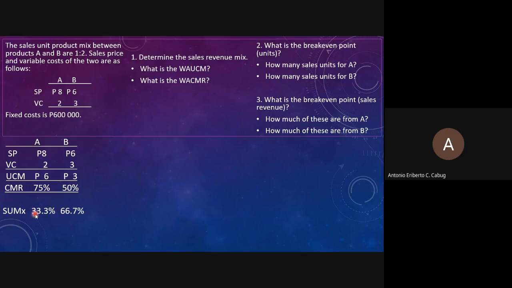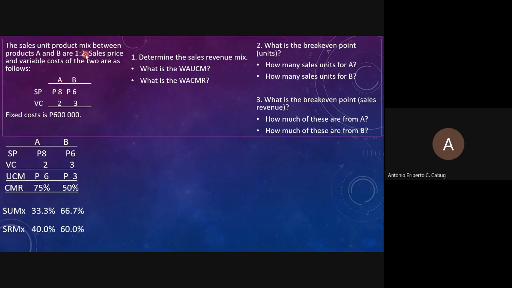So 33.333% is to 66.666%. That's the sales unit mix. Okay. What about the sales revenue mix? Tuwing nakakabenta ka ng isang A, yung presyo niya 8. 1 times 8 is 8.